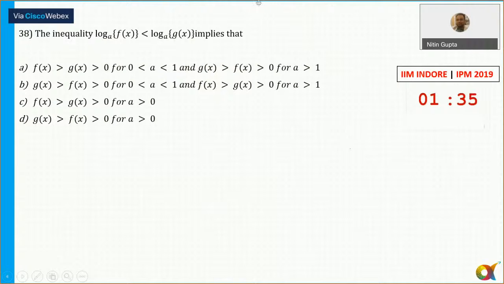Anyone who can tell me the answer? It's a very easy one. It will not take more than 10-15 seconds. Believe me.